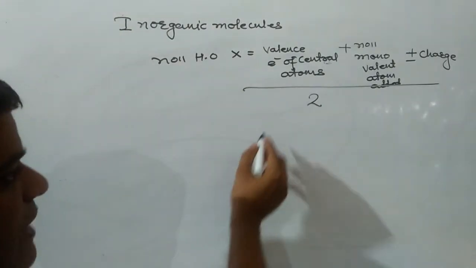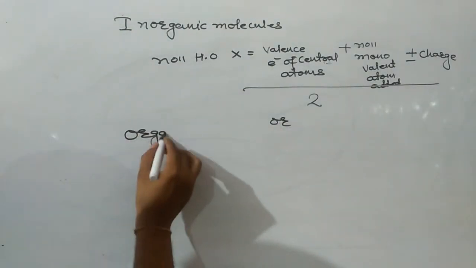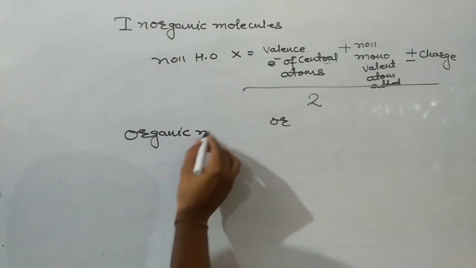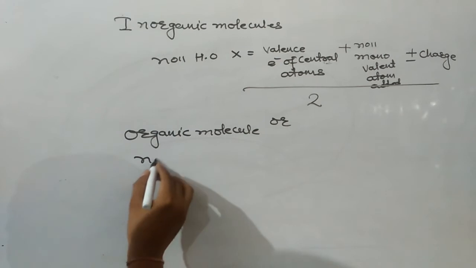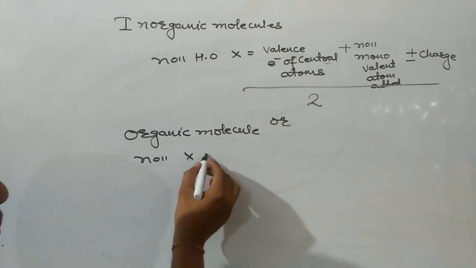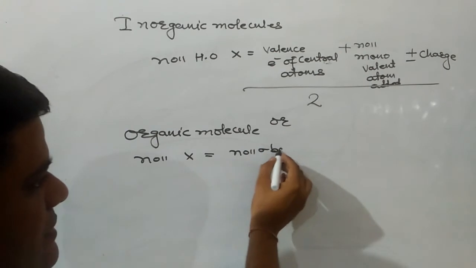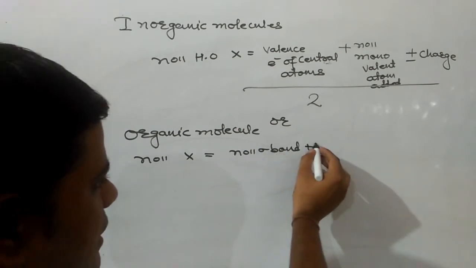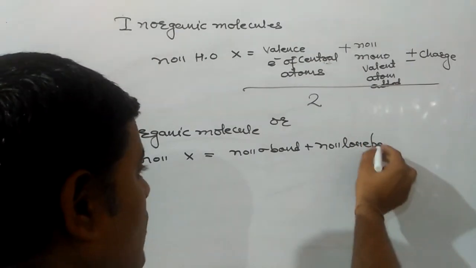And the second formula is for organic molecules. The formula applied will be: number of hybridized orbitals X will be equal to number of sigma bonds plus number of lone pairs.